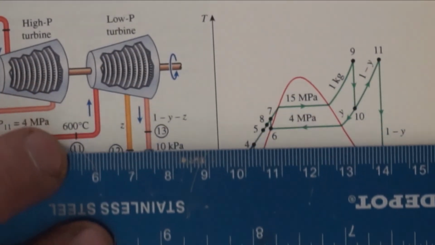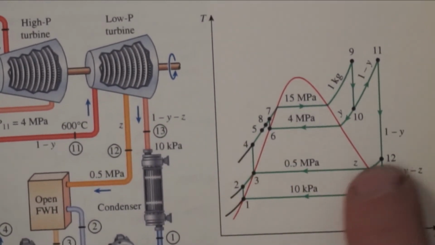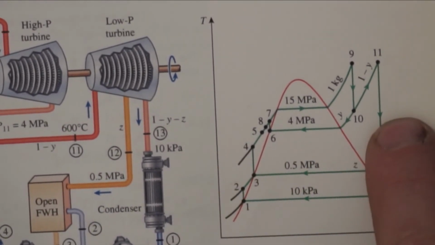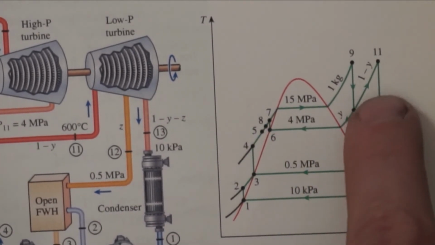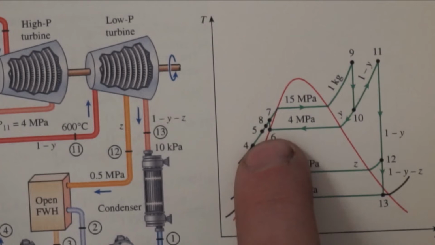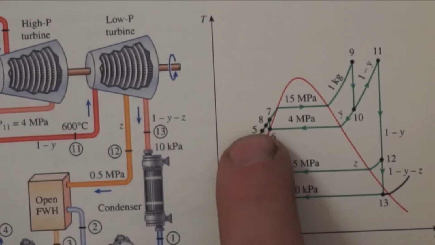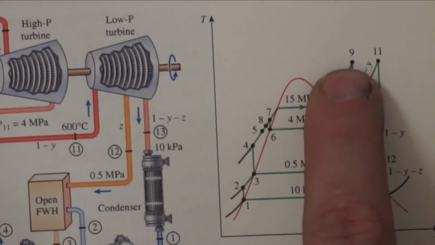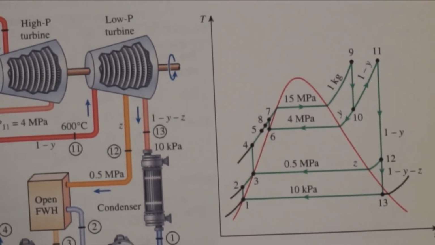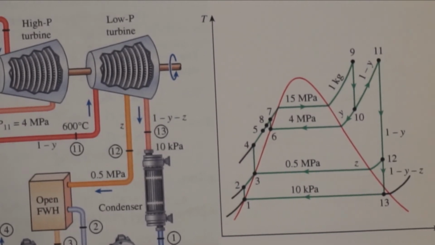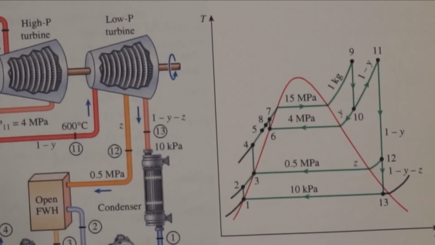Everything this way has the same temperature value. Everything on the same horizontal line, even if it curves, like from 11 down to 6, is equal pressure. So 11, 10, and 6 have the same pressure. 4, 5, 8, 7, and 9 all have the same pressure. 2 and 3, same pressure. 1 and 13, same pressure. 3 and 12, same pressure.